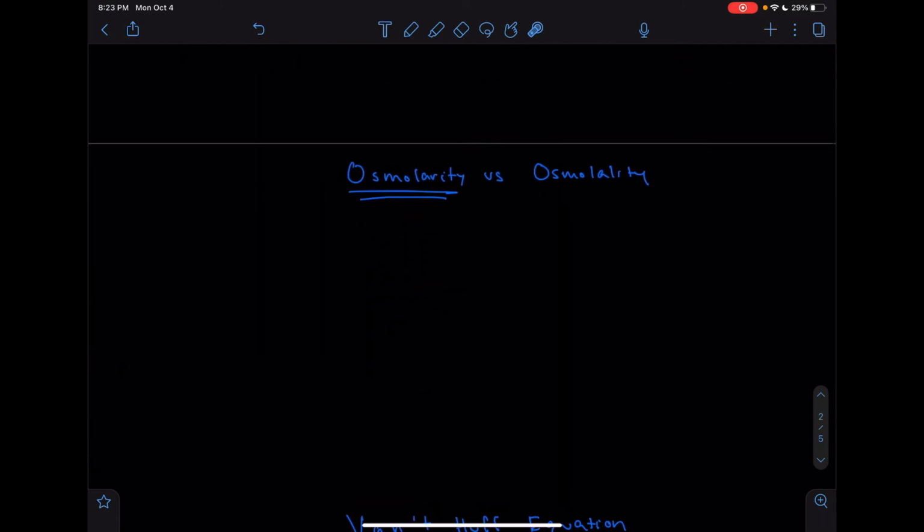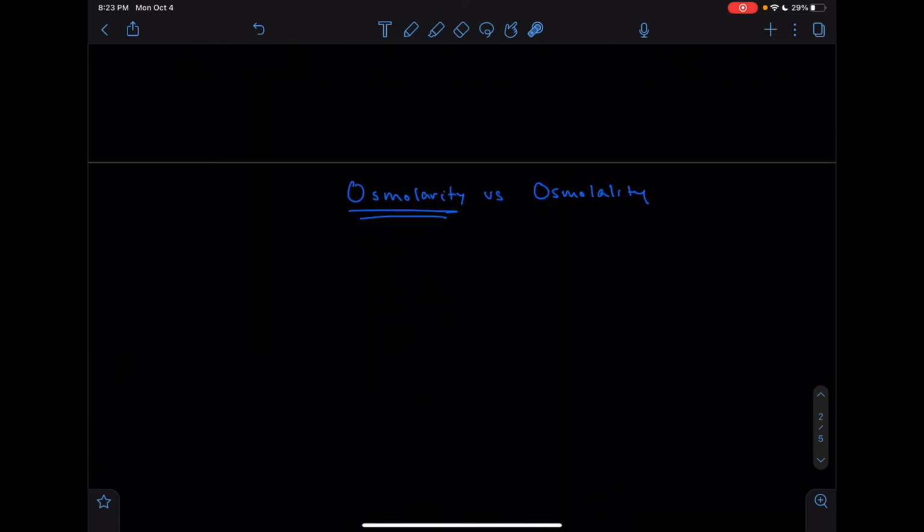Okay, what's the difference between osmolarity and osmolality? So first of all, what is osmolarity? Osmolarity is the total concentration of all osmotically active species, right? So it's measured by osmoles over liters of solution, right?